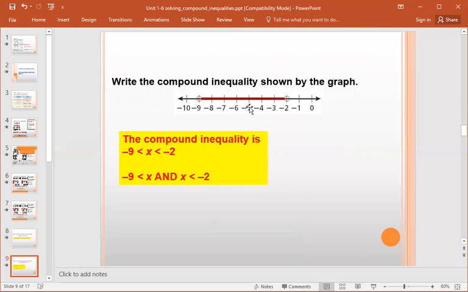And here we have all the numbers between -9 and -2, so we would say -9 is less than x less than -2. Or we could have said -9 is less than x and x is less than -2. So remember, "and"s are shaded in between, "or"s go in opposite directions.